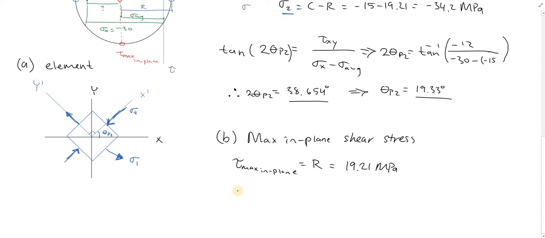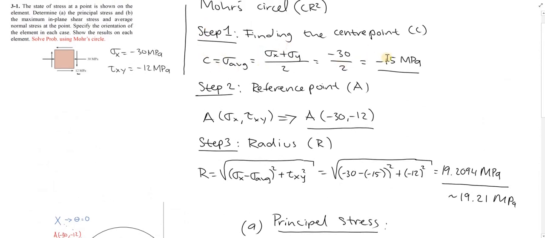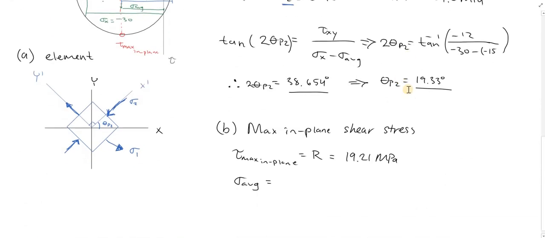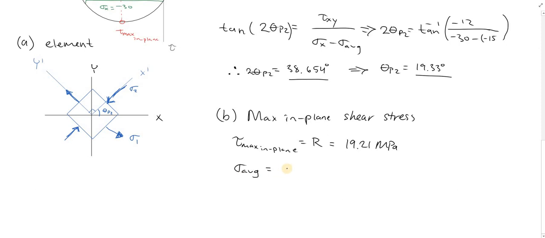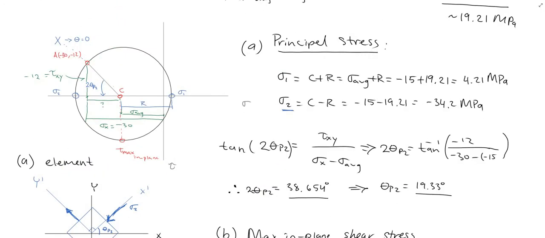And then we also need our average normal stress, which is just what we calculated earlier as well up here. And that's the same as our center point. So negative 15 megapascals. So it's the center point, if you want to call it that. So negative 15 megapascals. Look at the Mohr circle.